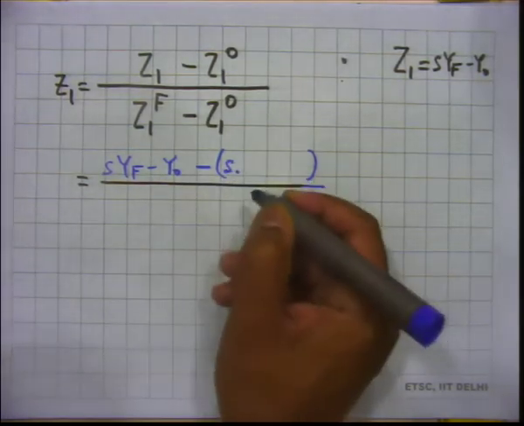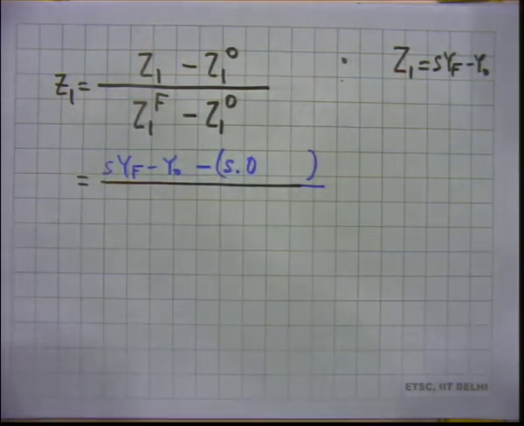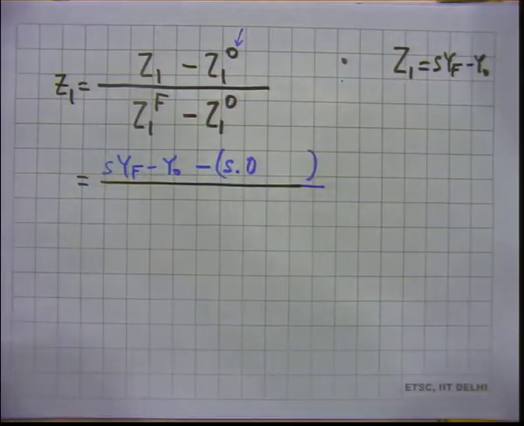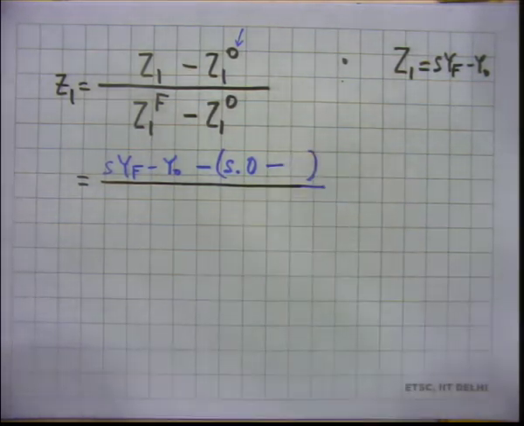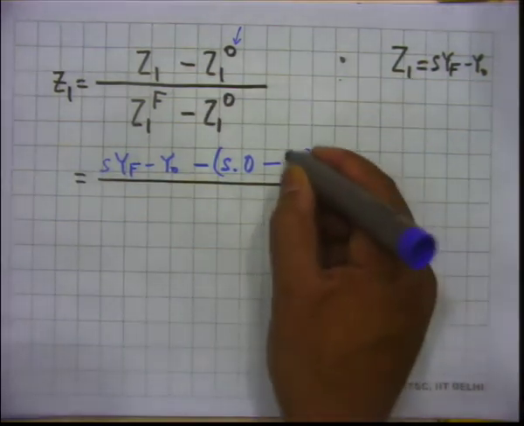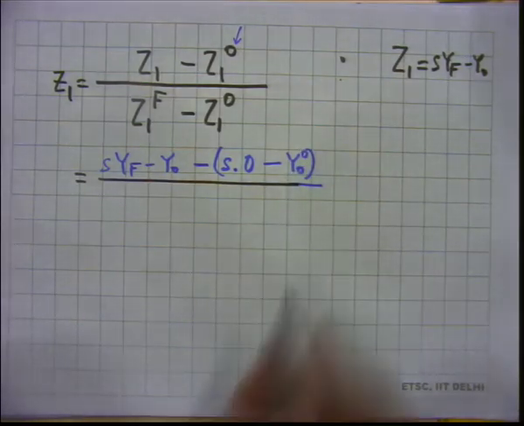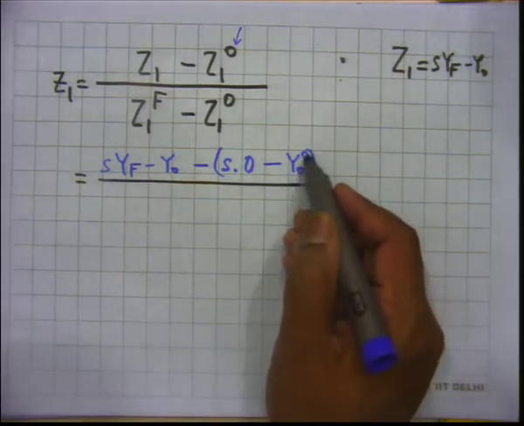S times 0, because this refers to the oxidizer stream. In the oxidizer stream there is no fuel, so YF equals 0 there. S into 0 minus this is the baseline value of YO in the oxidizer stream.